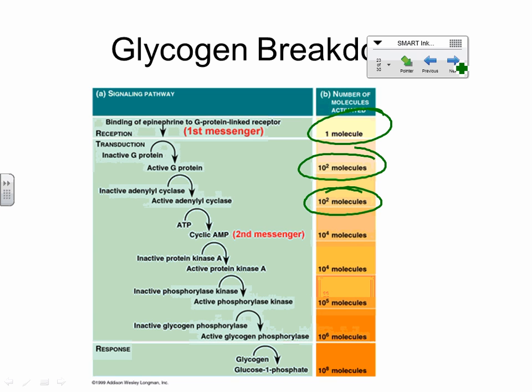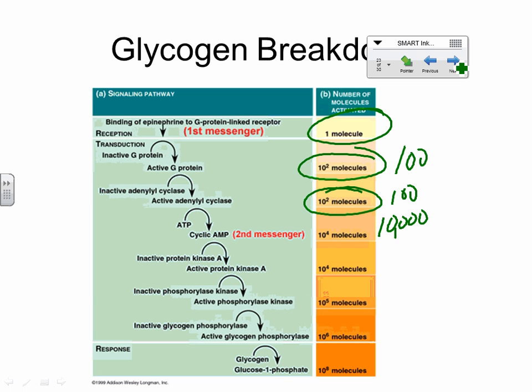So we're still about at 100. Those adenyl cyclases, it looked like they made about 100 molecules of cAMP apiece. So we're at 10 to the fourth, which is 10,000, right? So from this one molecule of adrenaline, we made 10,000 molecules of cAMP.